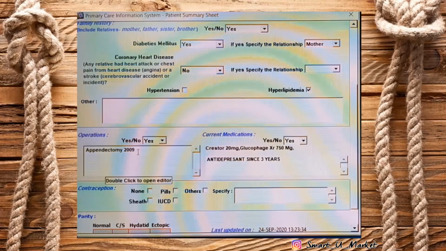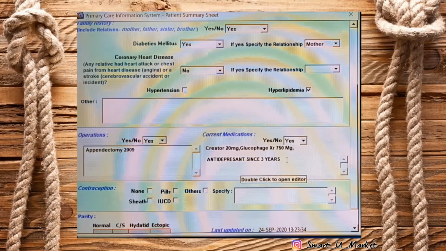You just have to ask whether you had any history of operation before, yes or no. Here is an important thing I want to discuss with you. When he was newly diagnosed and came to us, just by asking about the current medication, he told us he was taking an antipsychotic as well.